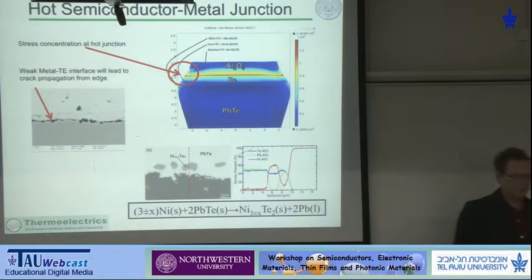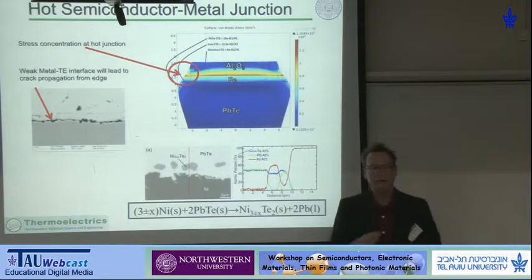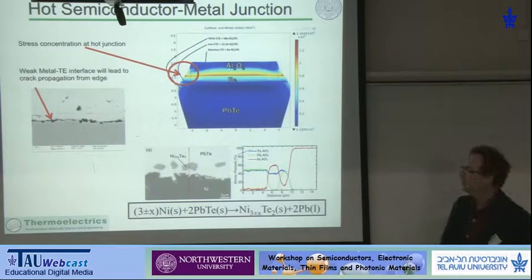So what we're also looking at the university is other methods of metallizing to improve that connection between the metal and semiconductor.